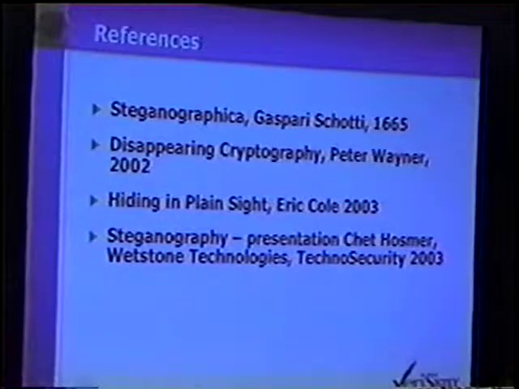He wrote a book, Hiding in Plain Sight, which I know they have right here at the bookstore. Again, another good book, and he focuses on a lot of statistical analysis. And if you were at Techno Security 2003, Chet Hosmer from Whetstone Technologies had a really good presentation on steganography as well. I think you can download that from their site, but don't quote me on that.